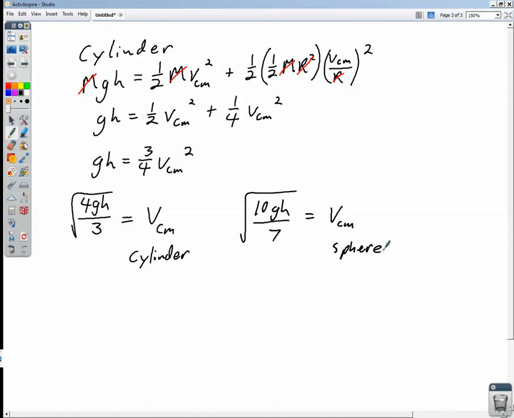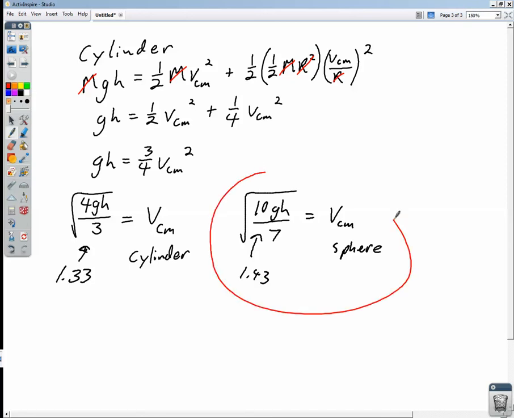We need to compare those fractions, 4/3 to 10/7. 4/3 we can write as a decimal approximation, 1.33. We divide 10 by 7, we get a decimal approximation of 1.43. So the velocity on the right is bigger than the velocity on the left. So our winner is the sphere, getting to the bottom of the ramp first.